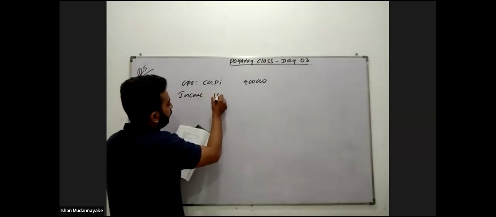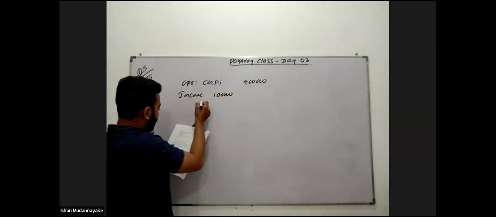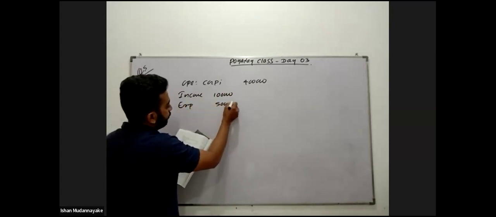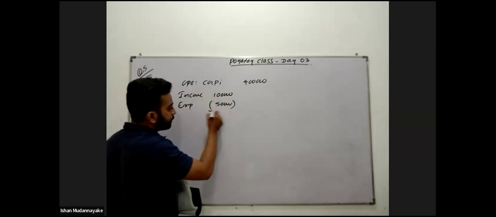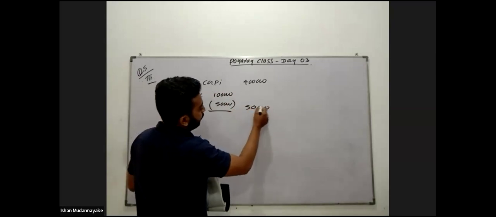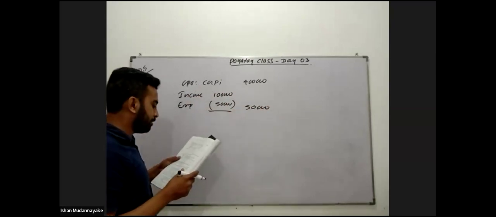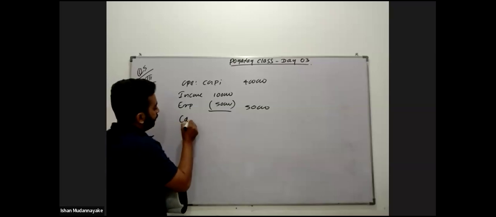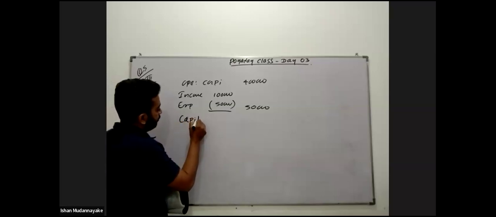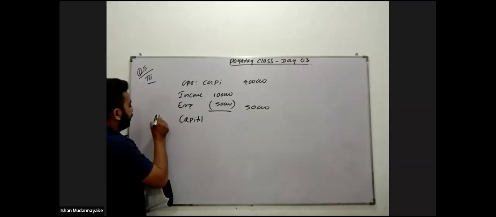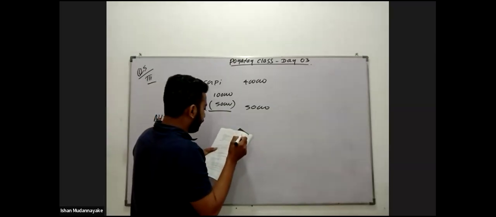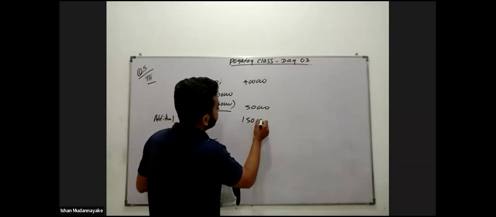Okay, I will write down income here. And then expenses how much? 50,000. Income minus expenses, profit how much? 50,000 profit. And then students, capital invested by the owner within the year, additional capital, 150,000.